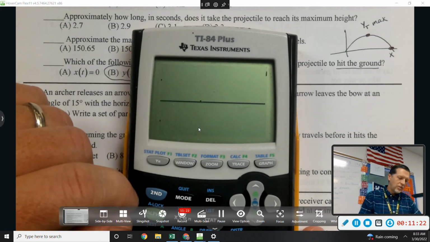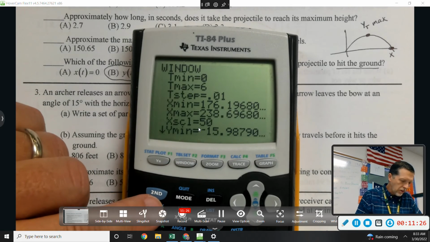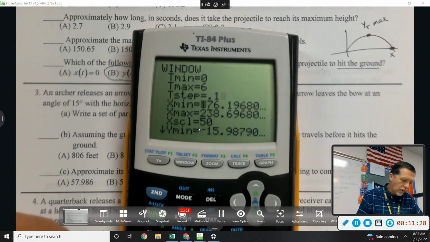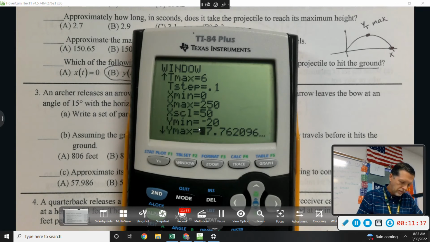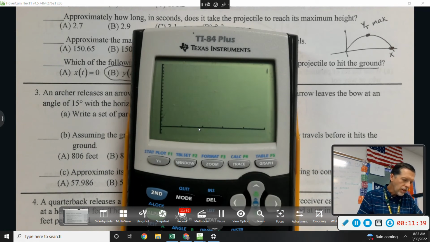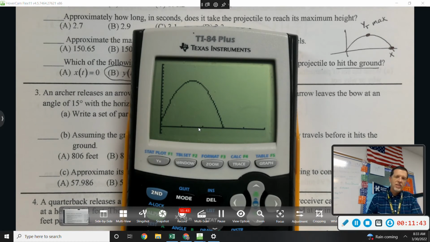Uh-oh, I'm still on my zoomed in graph. That's not going to work. Window. I'm going to go back to 0.1, 0 to 250, I don't know. Negative 20 to 200. Let's just see. Not a bad first guess.